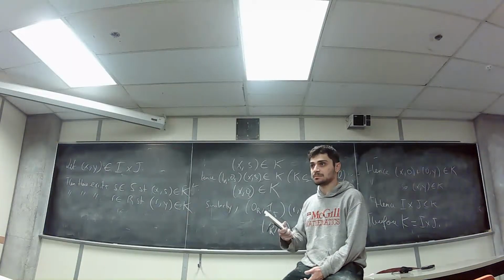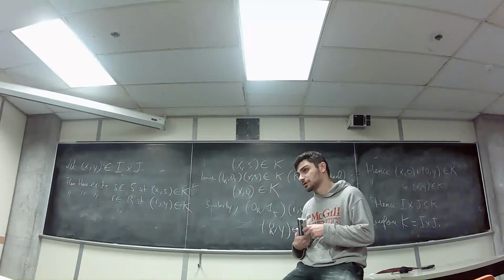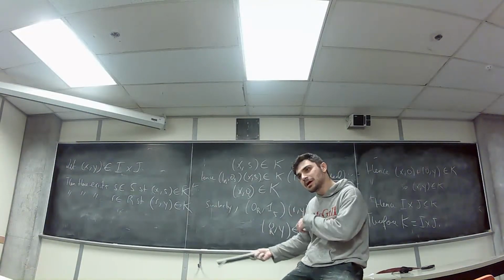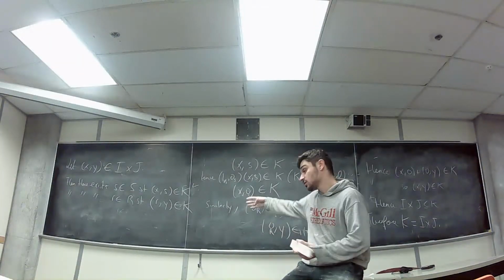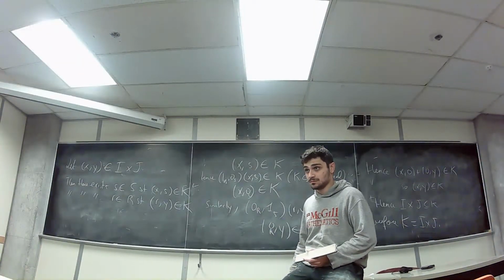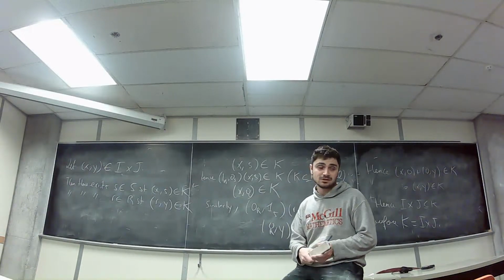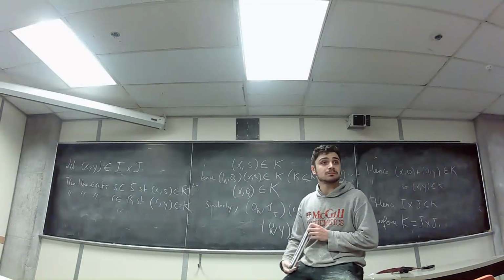Okay? Is it clear? Of course, if you have the product of two ideals, then you can show it's an ideal. Yeah, that's always true. And then any ideal in the product ring is of this form. That's not true for subgroups. If you have a product of two groups, then it's not the case that any subgroup is a product of two subgroups.